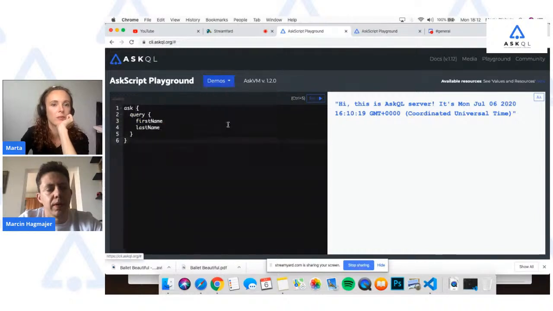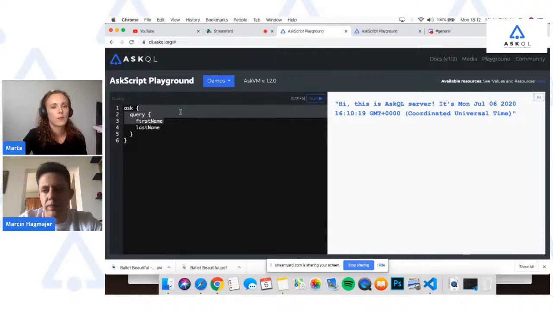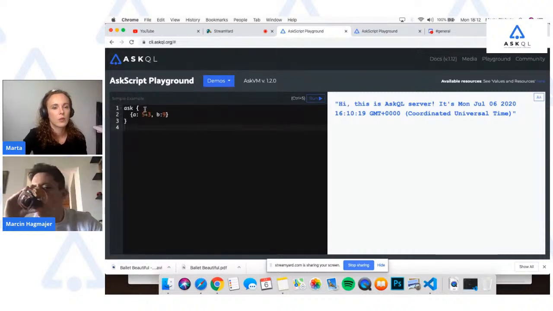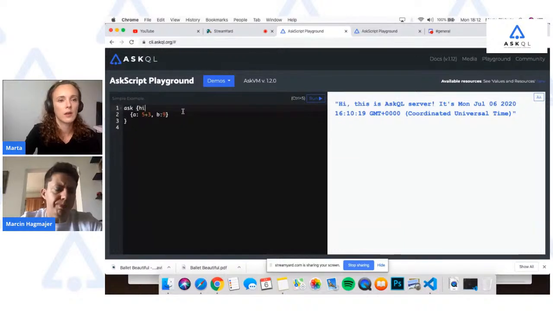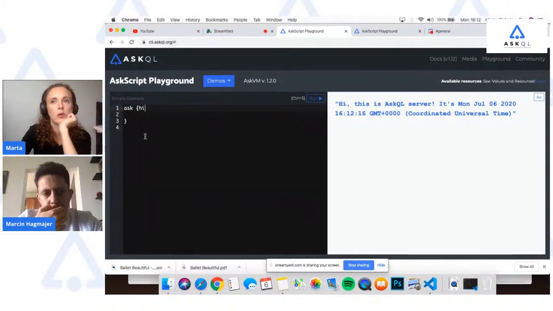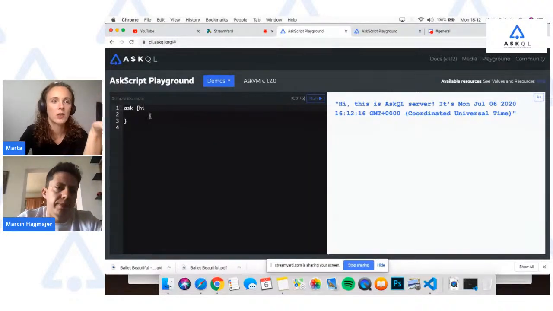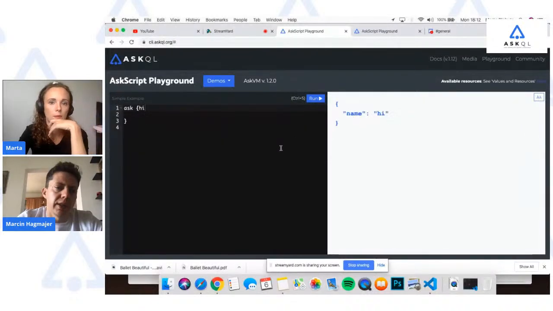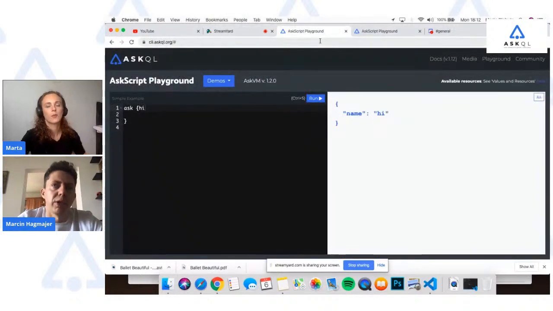Okay, so we had ask hi, and we put parentheses here. This is what we get. And if we didn't have this, we would be asking for just a value, right? If there is some value assigned to hi. The way you can look at it is that hi has different names depending on the context.